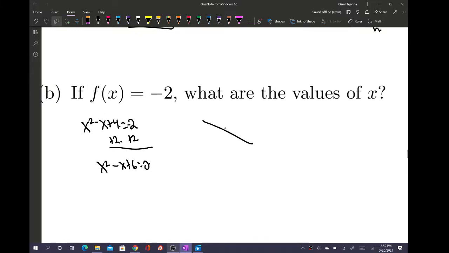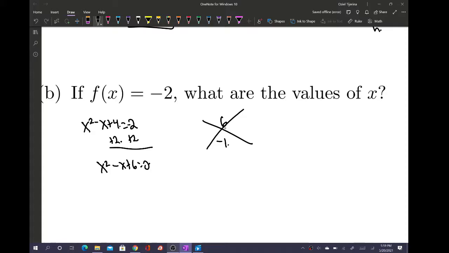So if we factor, we do 1 times 6, which is 6, and we get -1. Now, 2 numbers that multiply to 6 and add to -1 are... or rather, hold on, give me 1 second. Okay, so this one's interesting, because I don't think that there are 2 numbers.